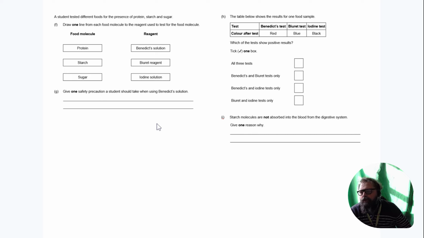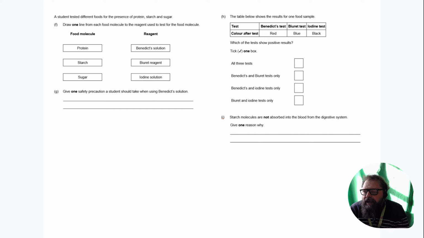H is our results. So again, we've learned the tests: starch with iodine, sugar with Benedict's, protein with Biuret, and then we need to know the colors. Benedict's solution and Biuret solution are both blue to start with. The Benedict's solution goes orangey red if sugar is present.